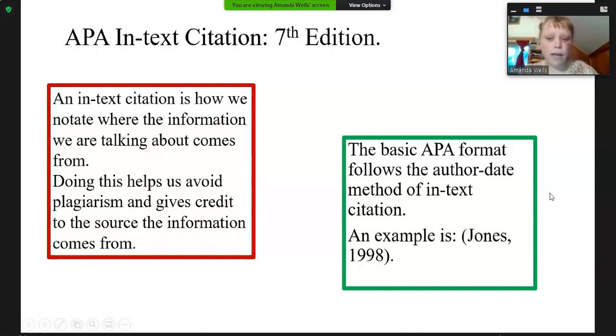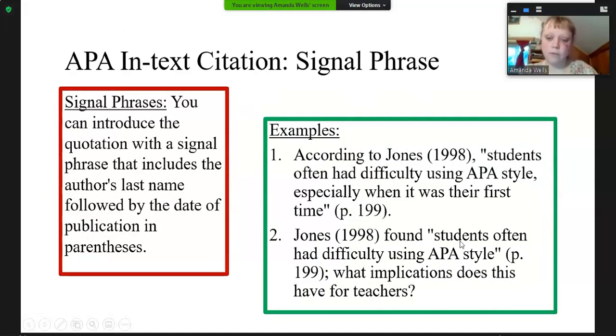Basic APA format is in parentheses, and looks like this. It comes in parentheses with a last name and a date, and sometimes a page number. It just depends upon exactly what you're citing.